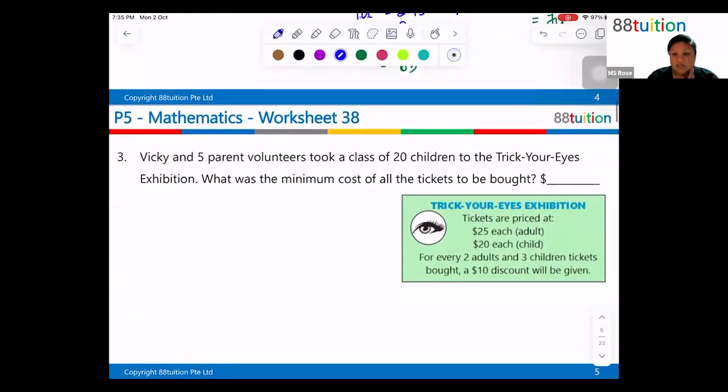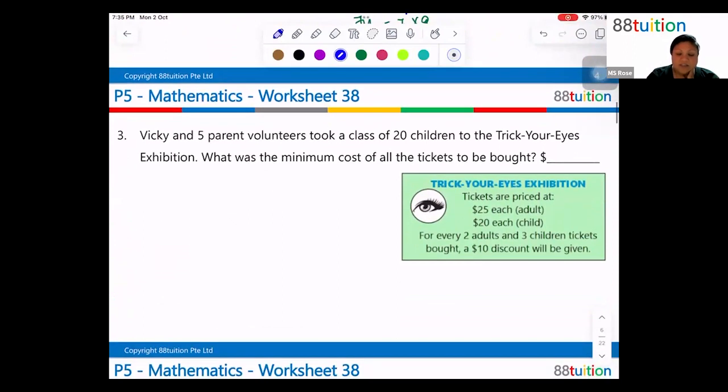Question 3. In question 3, Vicky and 5 parent volunteers took a class of 20 children. Is Vicky an adult or a child?